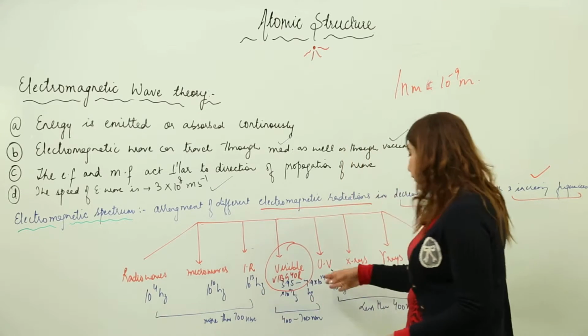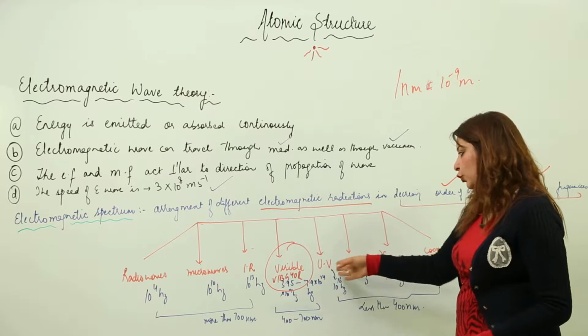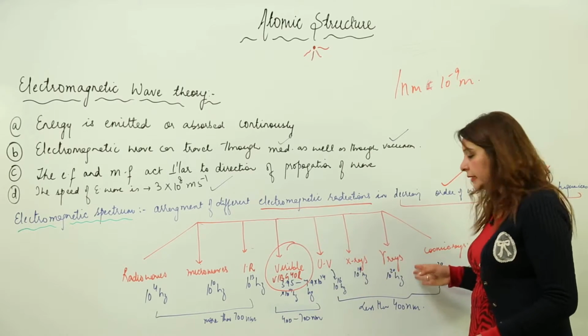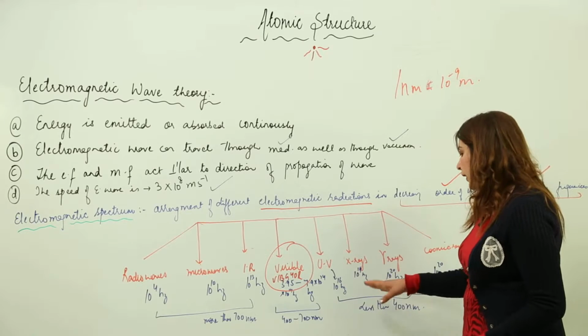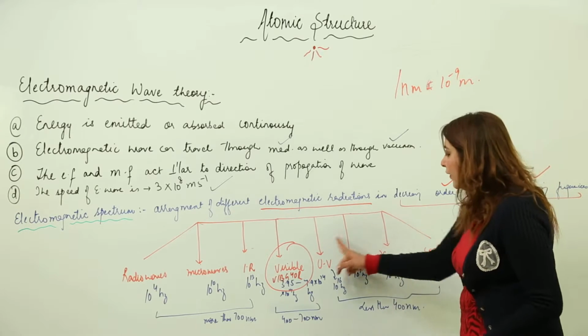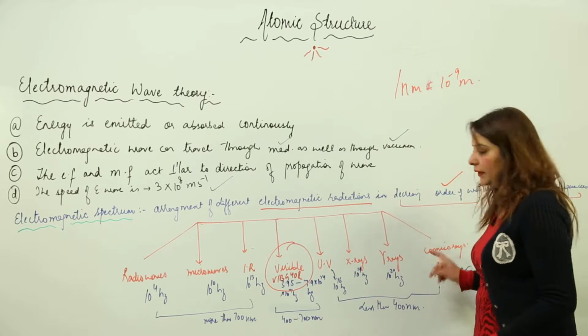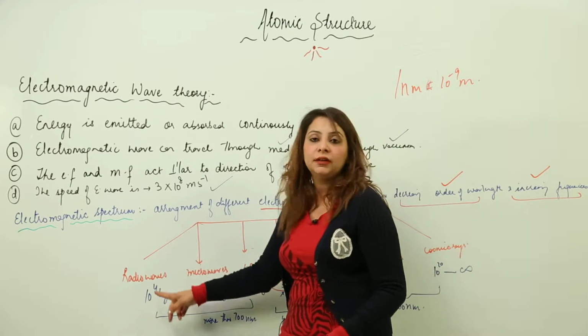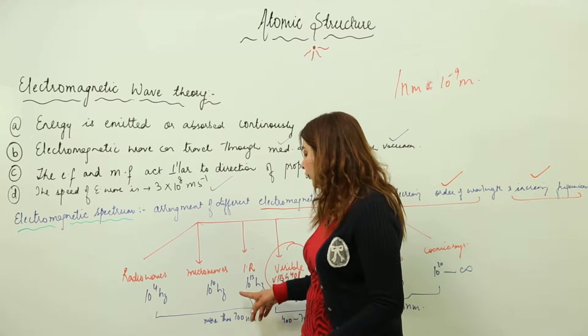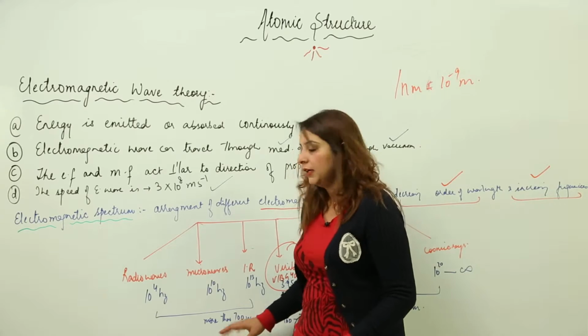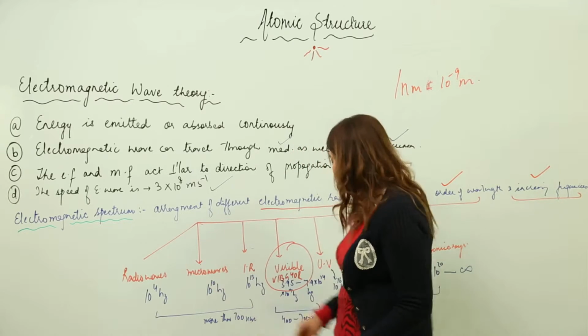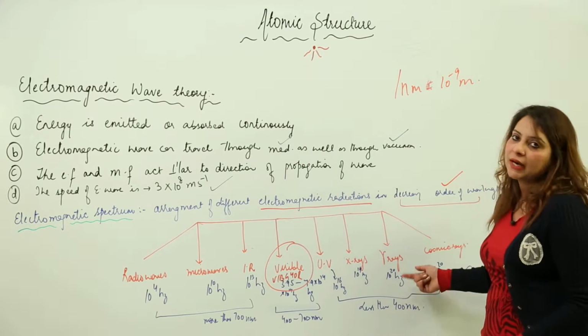After visible we have UV, X-rays, gamma and cosmic rays, which possess wavelength less than 400. So they have higher frequency but less wavelength, and the others have high wavelength but low frequency.